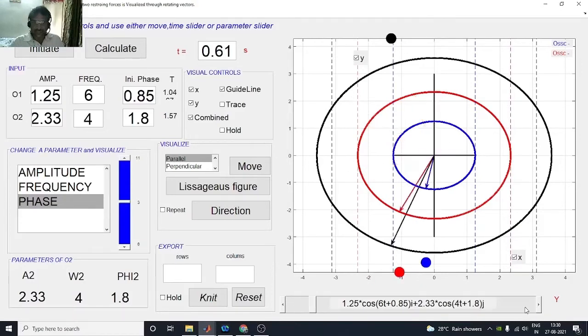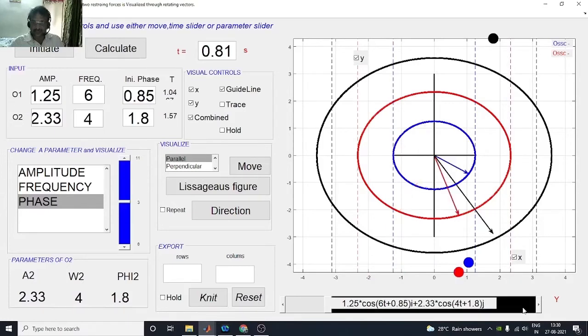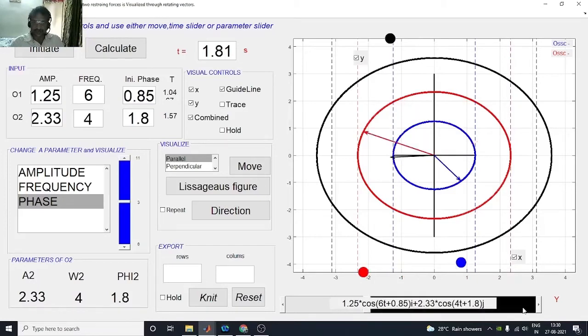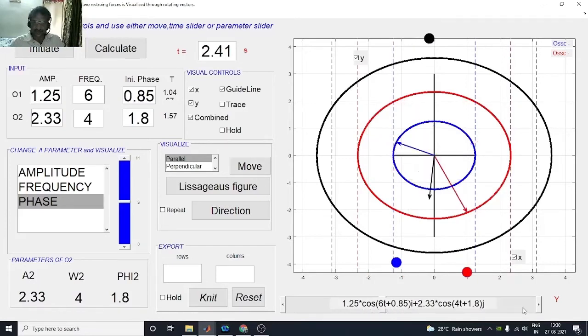So we can see the length of the arrow is changing. So that means the motion is no longer a simple harmonic type of thing. So let us observe this full thing as a function of time. Observe the length of the arrow and its angle with respect to the other vectors.